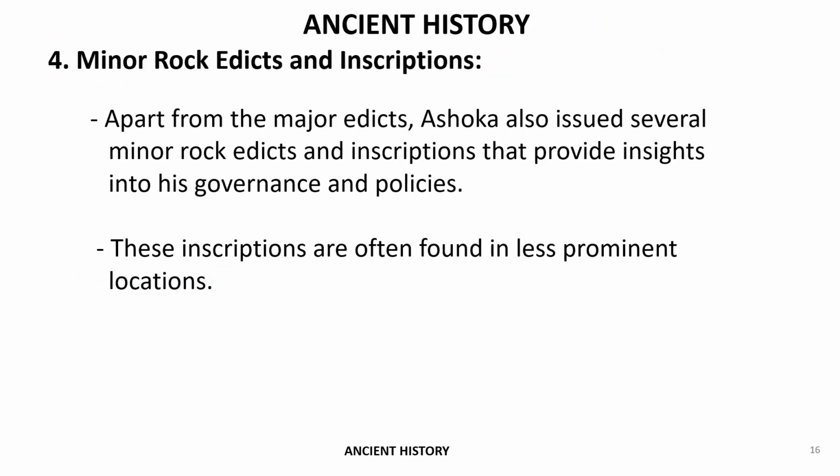Now let's move forward. Now we have the minor rock edicts and the inscriptions. Apart from the major edicts, Ashoka also issued several minor rock edicts and inscriptions that provide insight into his governance and policy. Okay. So besides the major ones, like this one, this is also a major one.